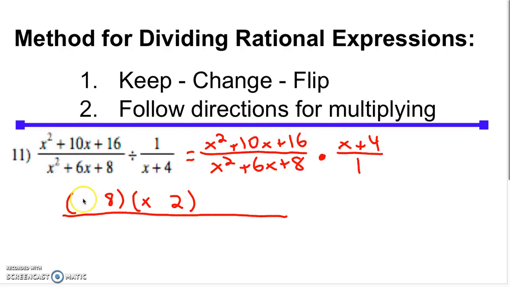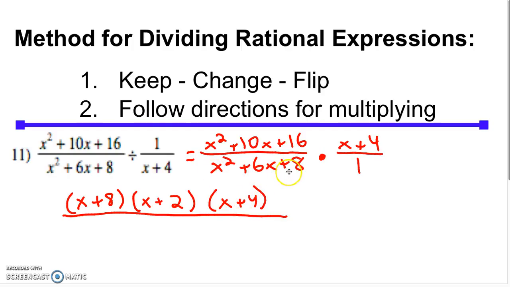We always put whatever variable is being used right there. And they're both positive because everything's positive up there. I also have an x plus 4 in that other numerator, so I'm going to put that also on top. Remember, everything that's on top in the numerator stays on top, and everything that's on the bottom in the denominator stays on the bottom.